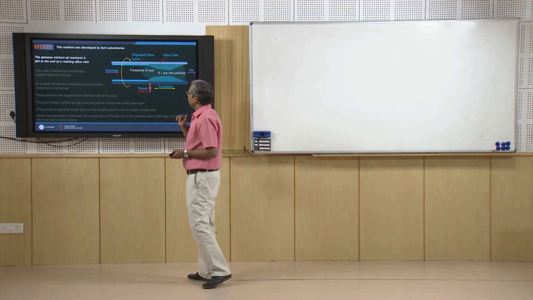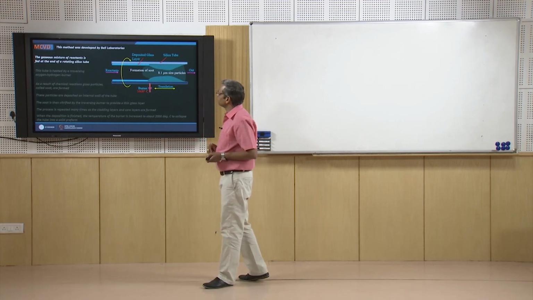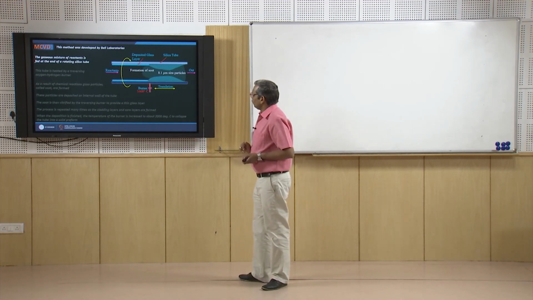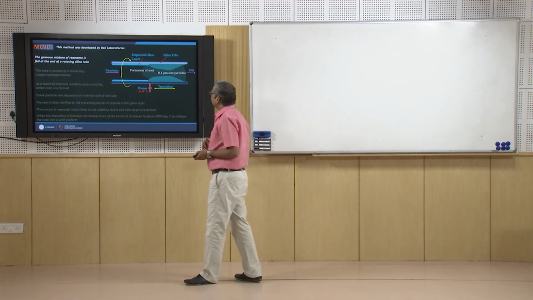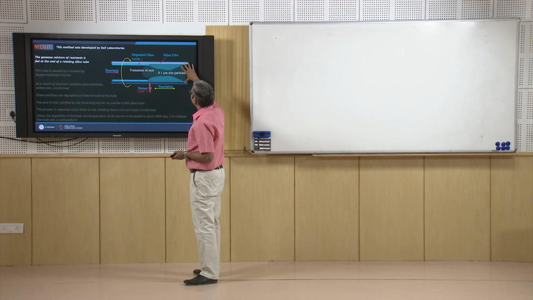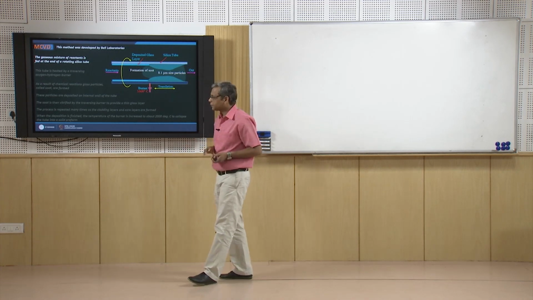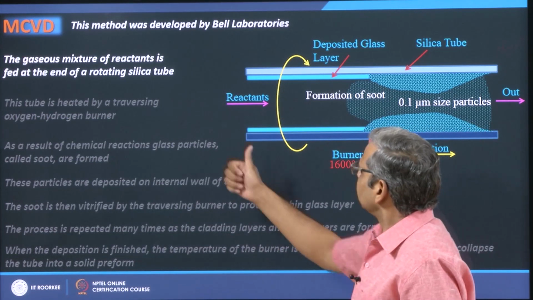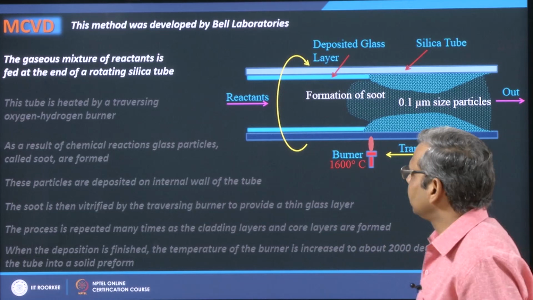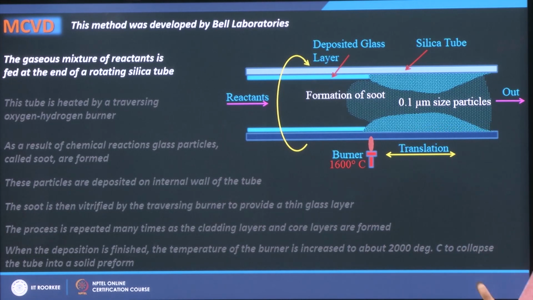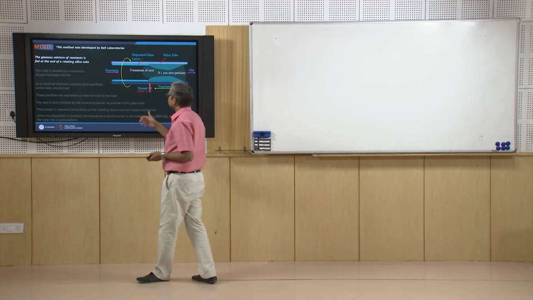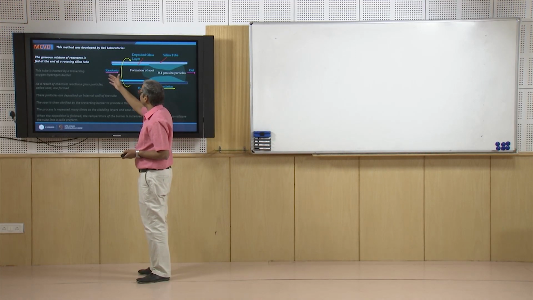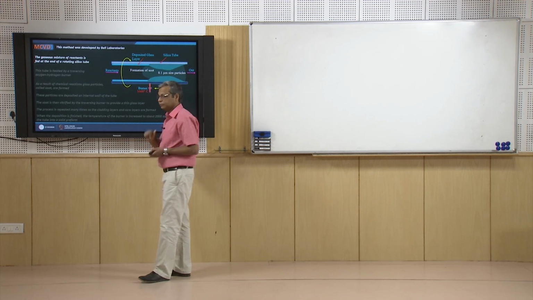This method was developed by Bell Laboratories. What is done here? You take a tube of silica glass and you flow reactants into this tube. You want to make silica glass cladding, so you flow in SiCl4 in an oxygen environment and heat it up.